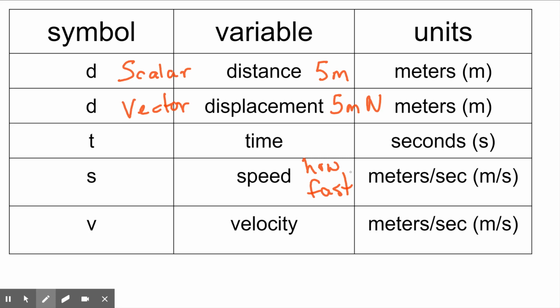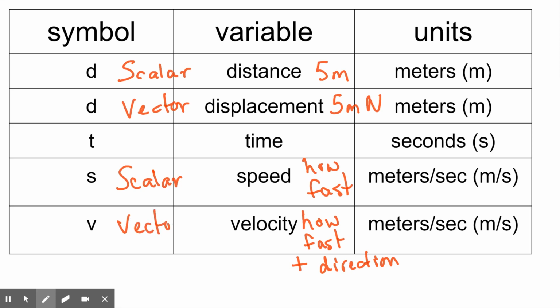It's just the magnitude. Velocity is more precise. It's how fast plus the direction you're going in. So this would be 5 meters per second forward, 5 meters per second east, or 55 miles an hour southeast. Again, this is scalar, this is vector.